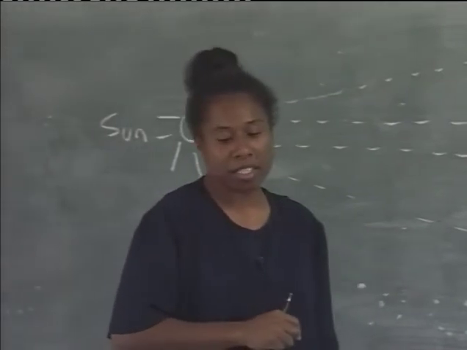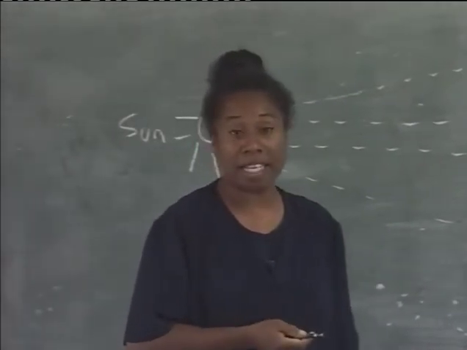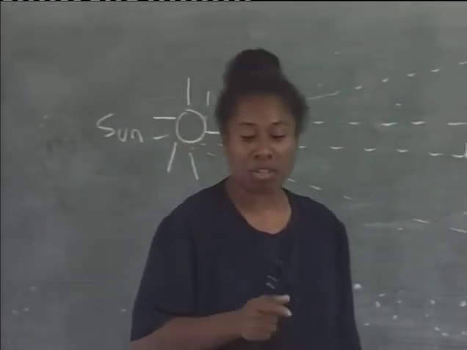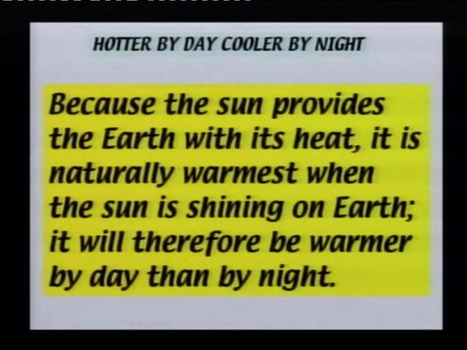By looking at the heading there, hotter by day, cooler by night, one can say that because the sun provides the earth with its heat, it is naturally warmest when the sun is shining on the earth.